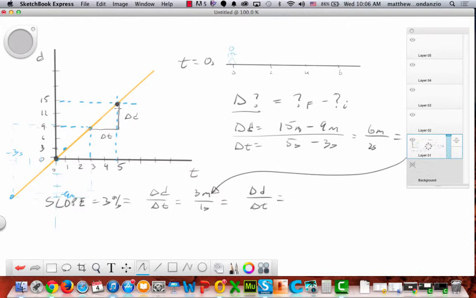What's the delta distance for this triangle, from this point to this point? 15 meters is my final. What's my initial? 0 meters, right? What's my final time? 5 seconds minus what's my initial time? So that's 15 meters per 5 seconds. And when I reduce that down, I get 3 meters per second again.